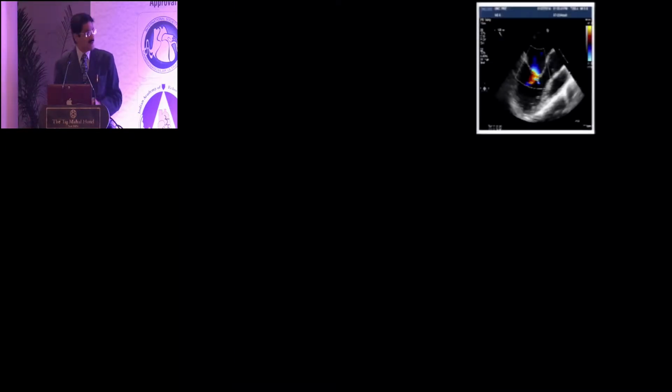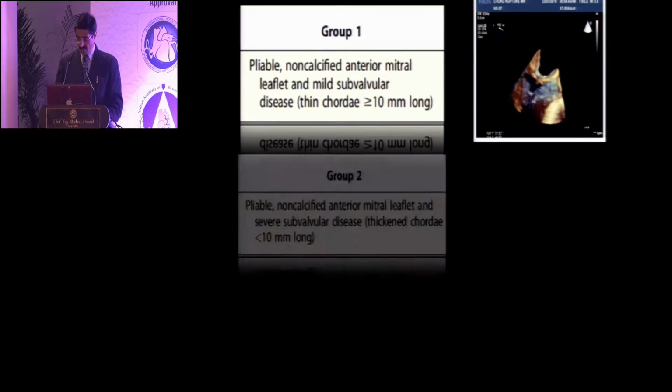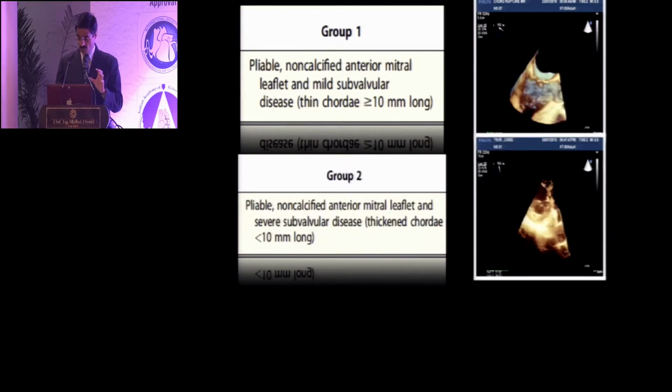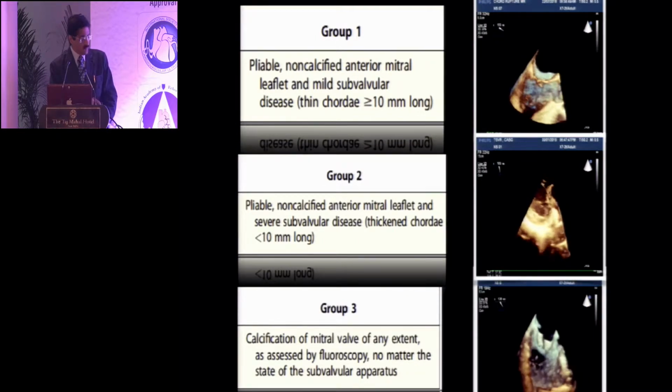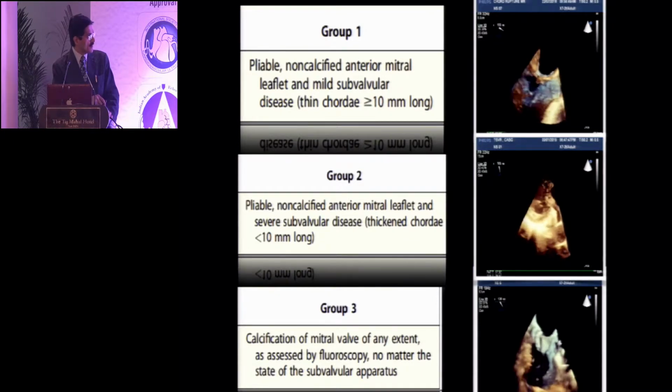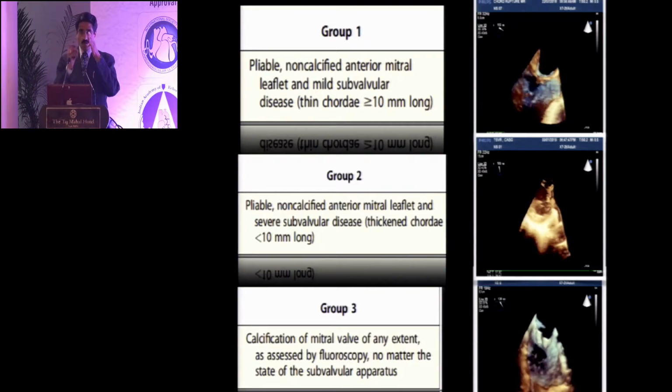So here, this is called the Lung and Cormier score for suggesting whether they should go for the intervention or not. Here in this case, you can see what they have shown: if they have non-calcific anterior mitral leaflets and adequate length of the cords, if the cords are about 10 millimeters long and the anterior mitral leaflet is spared, surgeons can still do chordal separation.